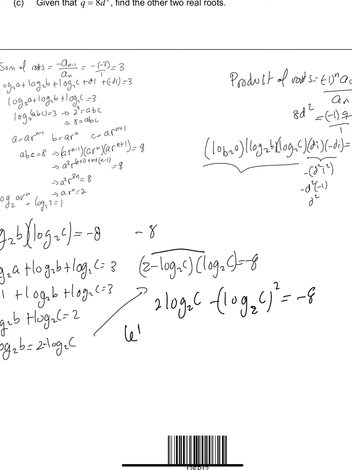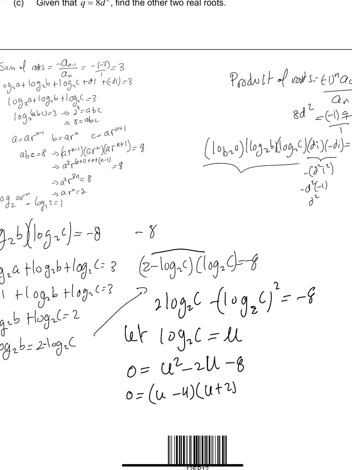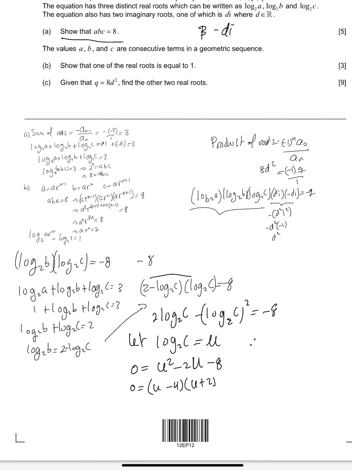I'm going to let log base 2 of c equal u. Okay, so this is therefore 0 equals u squared minus 2u minus 8. 0 is equal to u minus 4 times u plus 2. Therefore, u equals 4, u equals minus 2.